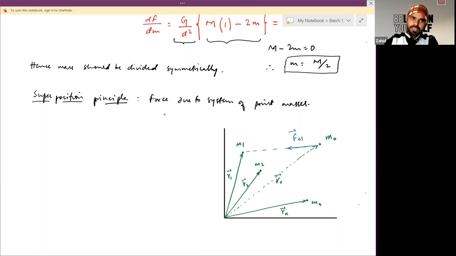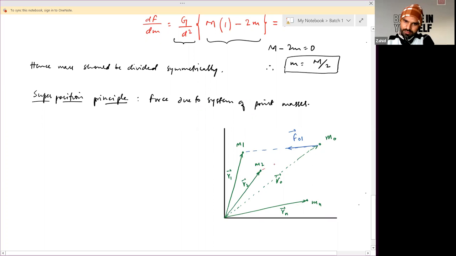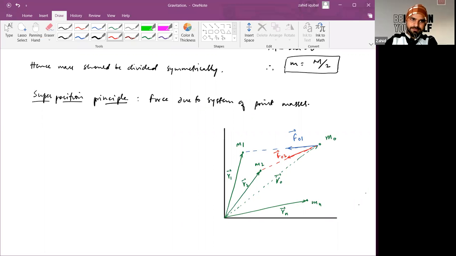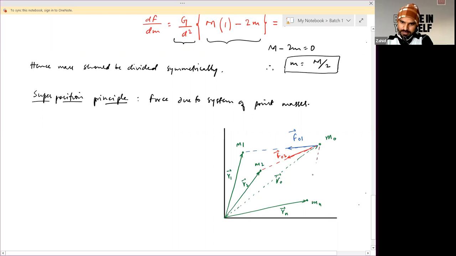Similarly, there will be another force on m0 due to this m2 along this direction. So it will be F02, as gravitational force is a central force which acts along the line joining the 2-point masses. Similarly, for the third mass or nth mass, force will be along this direction, so it will be F0n.